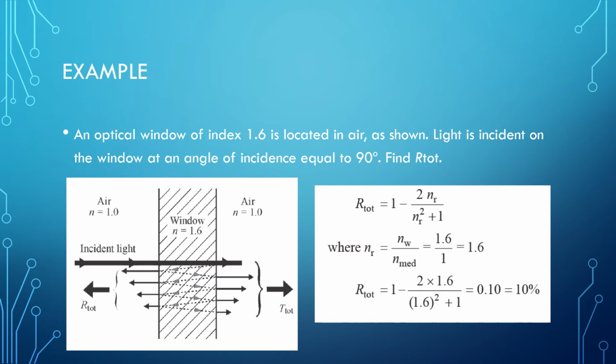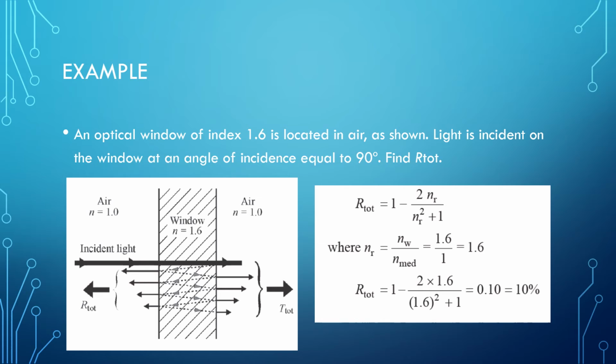So to find my R total, I'm going to use that equation of 1 minus 2 times NR divided by NR squared plus 1. And we know that NR is equal to N of my window divided by N of my medium. In this case, 1.6 divided by 1 is equal to 1.6.